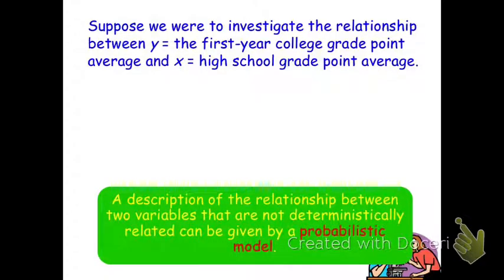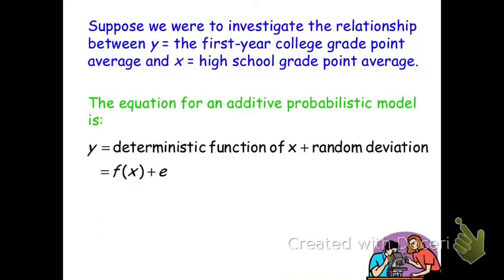A description of the relationship between two variables that are not deterministically related can be given by a probabilistic model. So this essentially is our function: y equals f of x plus the error, or how much it deviates from the predicted value.